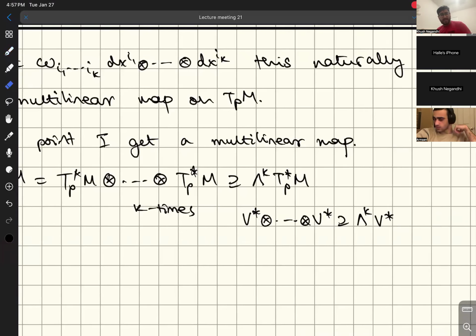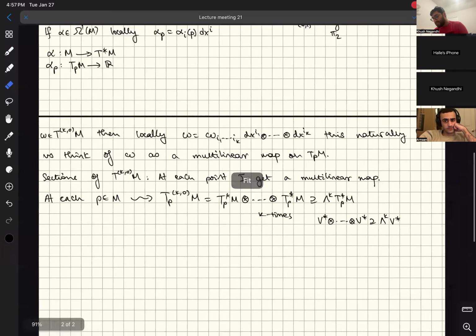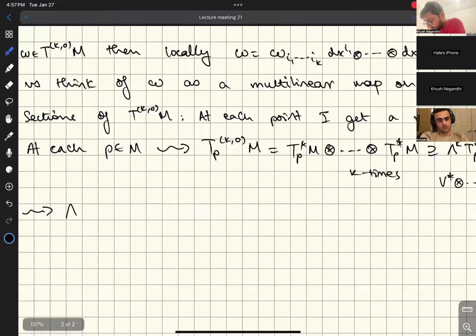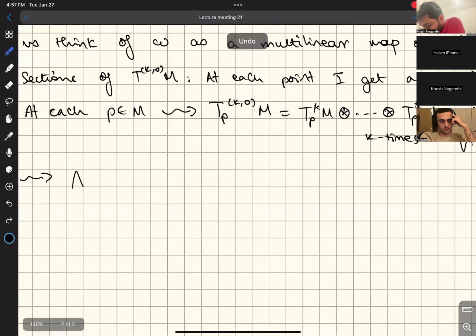Now the question is, can we bundle all of these together to get the bundle of alternating tensors? The answer is yes, of course you can. If you want a bundle theoretic way of doing this, you have the alternating representation of the general linear group, where instead of tensor products, you just make them wedge products. So this naturally leads to the tensor bundle that we denote like this.